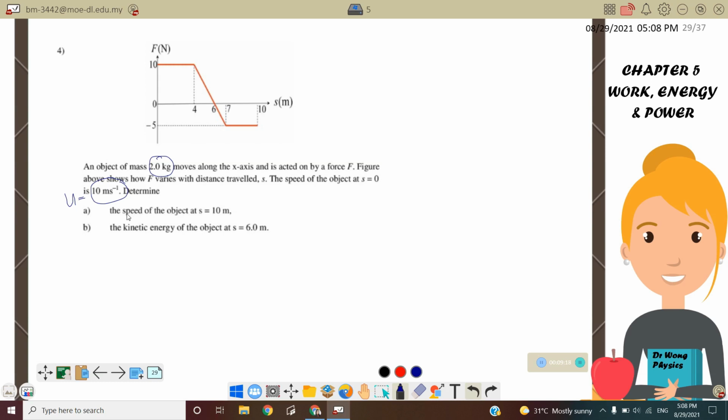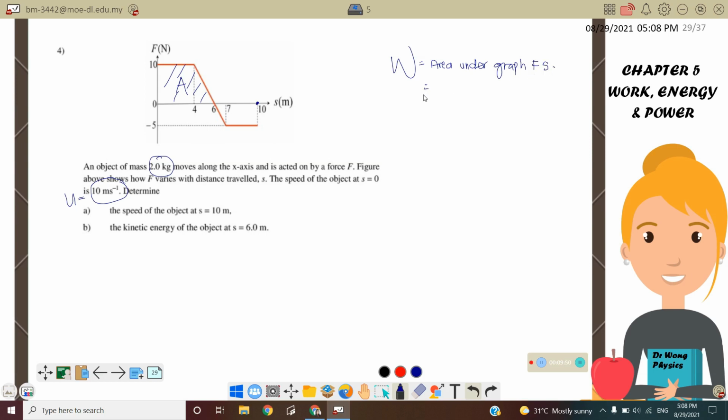So number 1, determine the speed of the object at s equals 10 meters, meaning that we want to find the final velocity at 10 meters. We know that the area under the graph gives work done, so we can split it into two parts. Part A, where work done is the area under the graph for Fx.